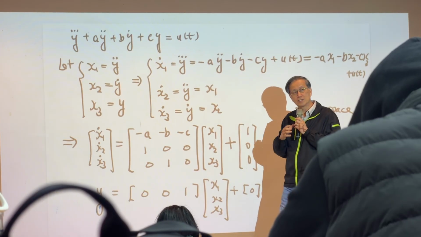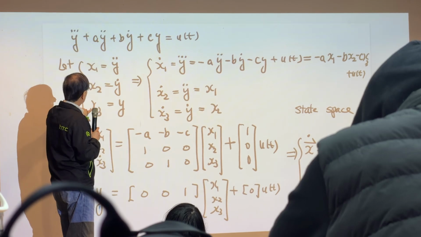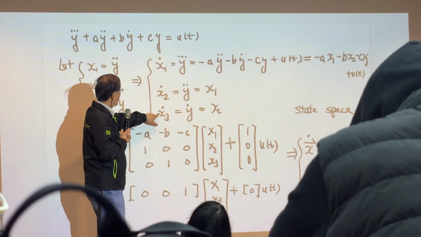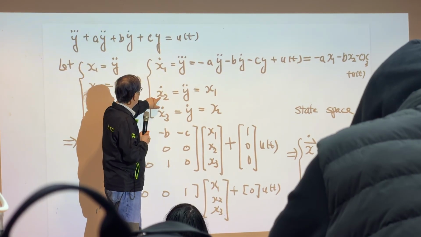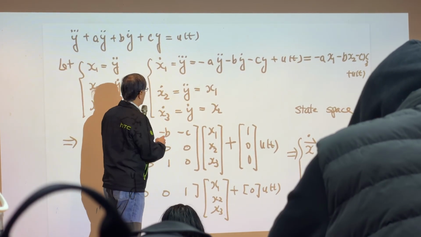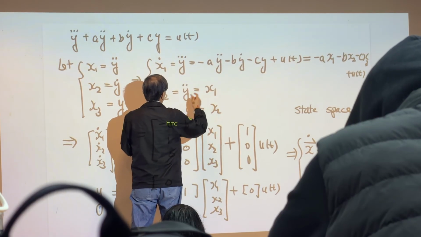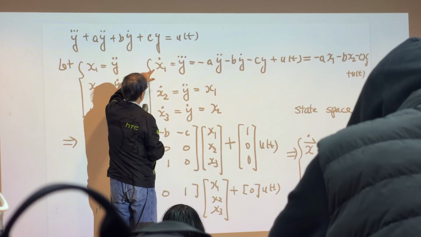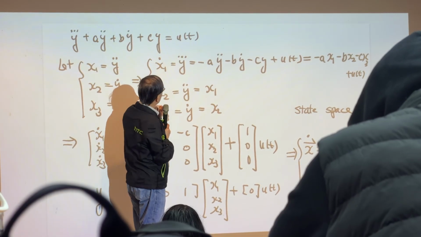If I change this, then because x3 is y, x3 dot is y dot, and x2 dot is y dot dot. And y dot is x2, and y dot dot is x1. Then x1 dot becomes y triple dot.